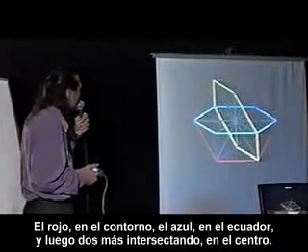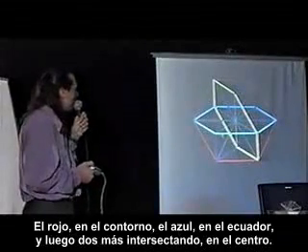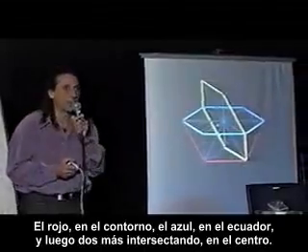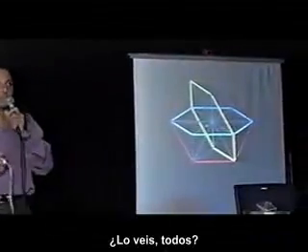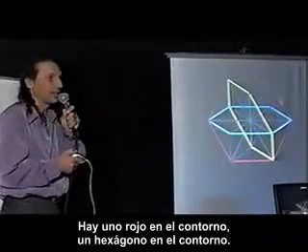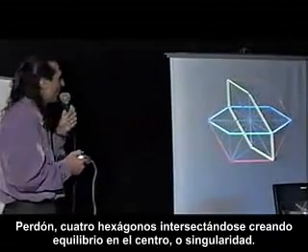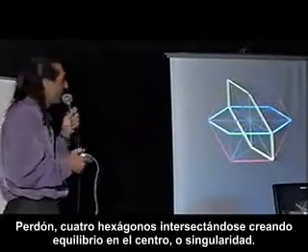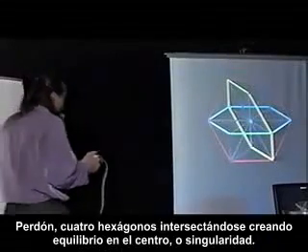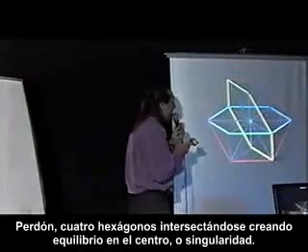The red one on the edge, there's a blue one at the equator, and then 2 ones intersecting in the middle. Everybody see that? There's a red one on the edge, a hexagon on the edge. 4 hexagons intersecting, creating equilibrium at the center or singularity.